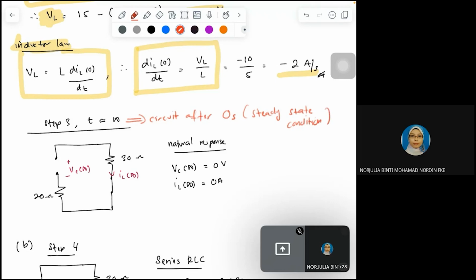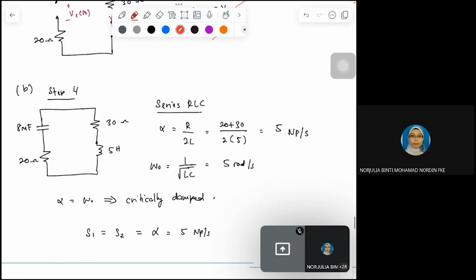When the capacitor and inductor are analyzed under steady state condition, the capacitor is open and the inductor is shorted. Since this circuit is a natural response circuit, there are no sources connected to it, so your final value for both V and I is equal to 0. So write it down like this.